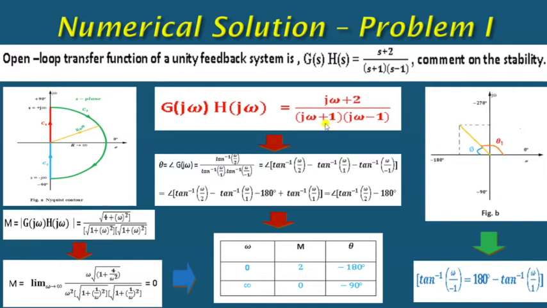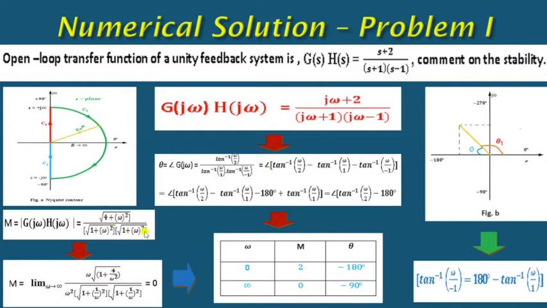Then calculate the magnitude. Magnitude means taking the mod of this. So root of real part square plus imaginary part square. So this is root of 4 plus omega square. Next, for this one, the real part is 1 and the imaginary part is omega.